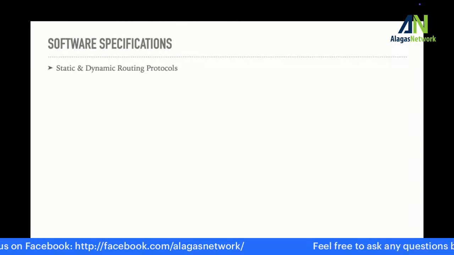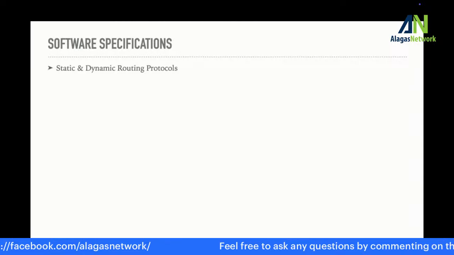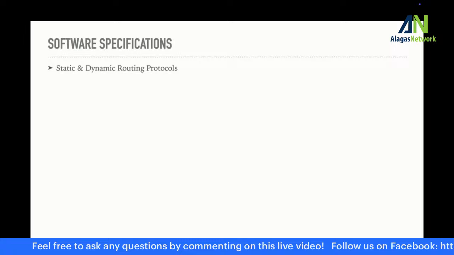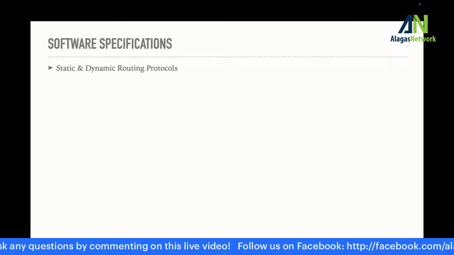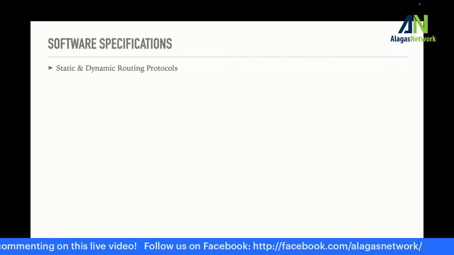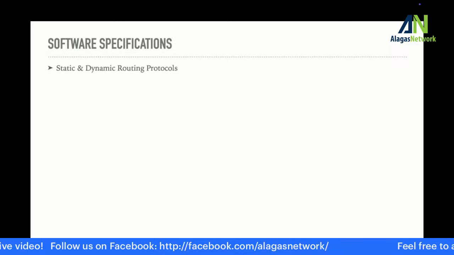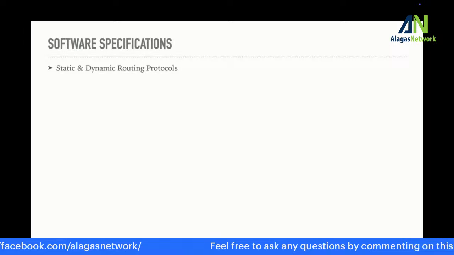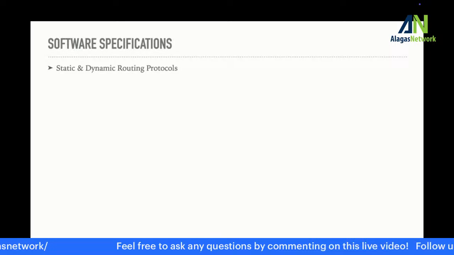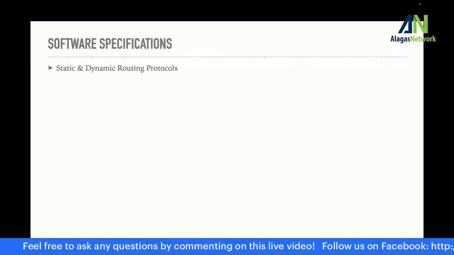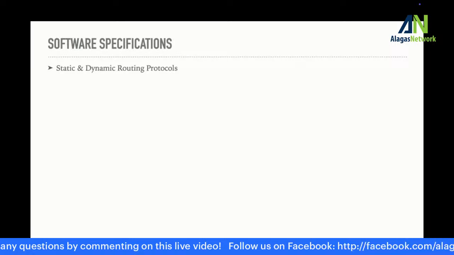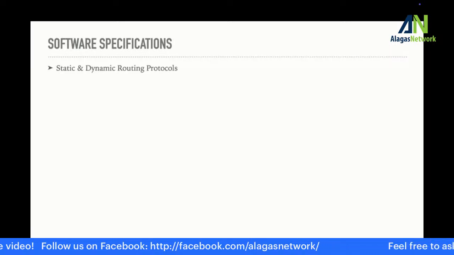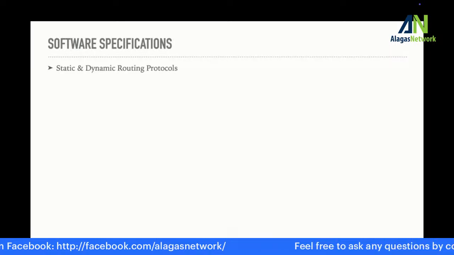It's easy to manage if we have a small network, but when it grows and we have many networks inside our network, at that time we might prefer to use dynamic routing. There are a few protocols that you can choose from, depending on how you design your network and which one you are most familiar with.